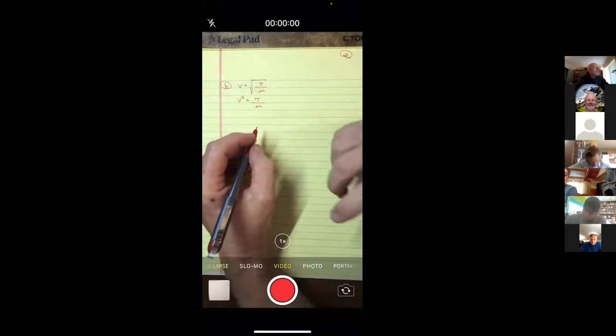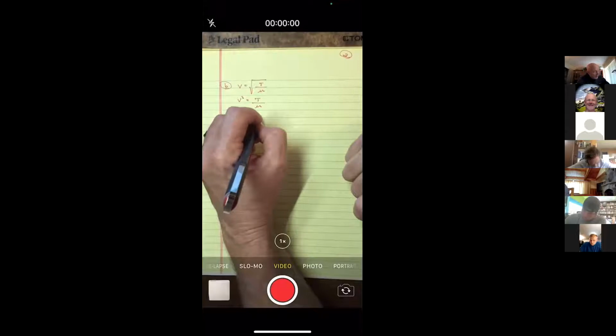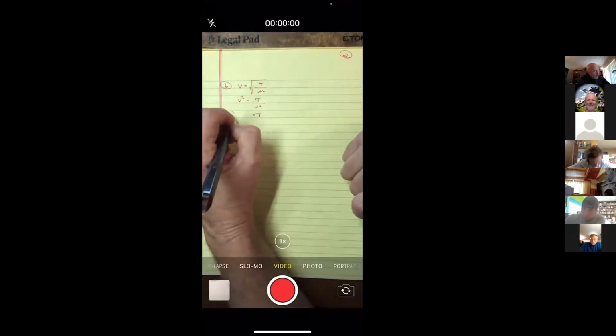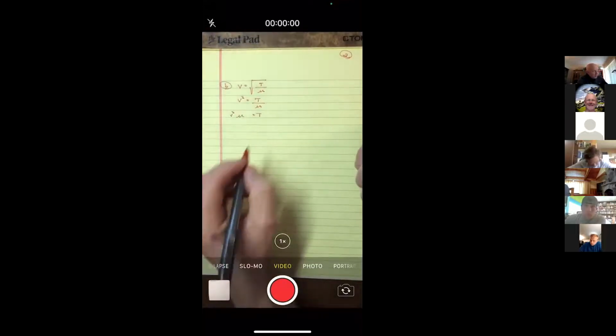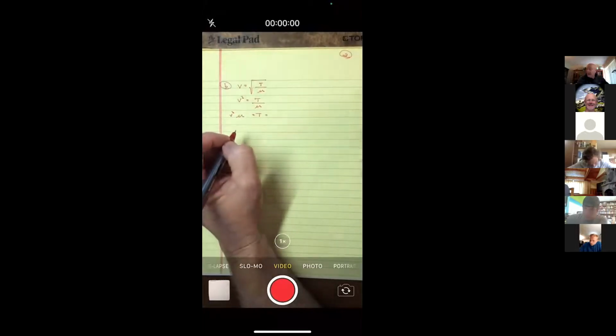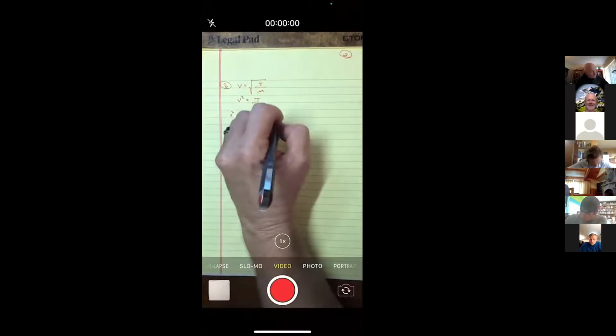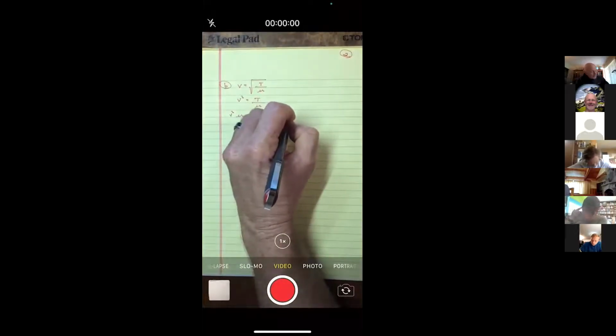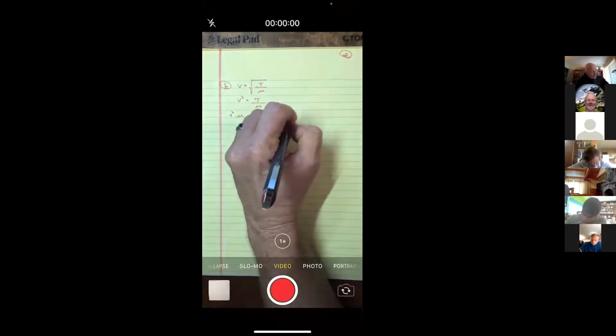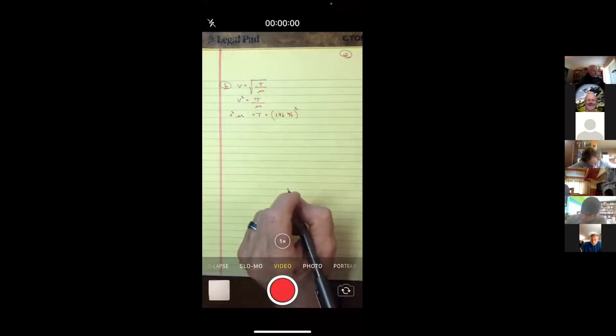And this one's asking for us to find the tension. So if you take the velocity squared and multiply by the mass density. So the velocity, let's come back here. What did I say? It was 196 meters per second. So I'll square that.